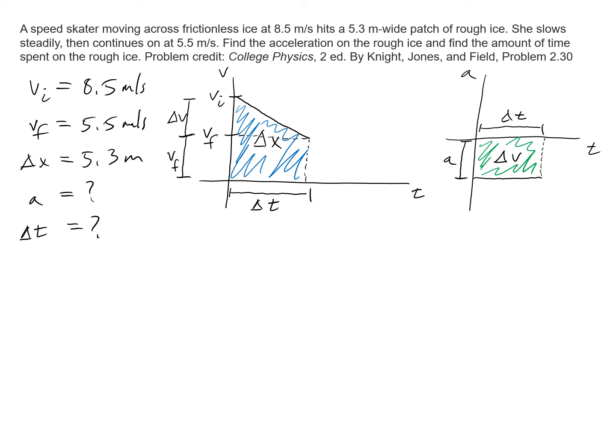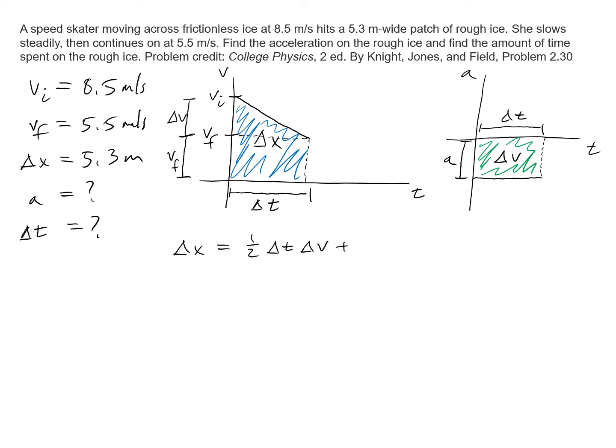So once we have our graphs drawn out, the objective is just to use simple geometry on the graphs to write equations out. What that's going to look like here would be the area delta x being equal to the combination of the triangle and the rectangle that you see there. The triangle on top is going to be 1/2 base, which is delta t, times height, which is delta v.